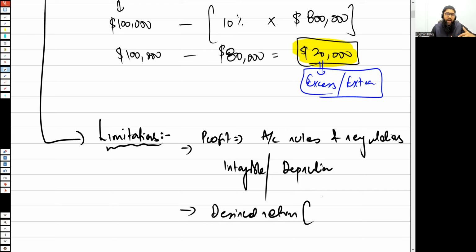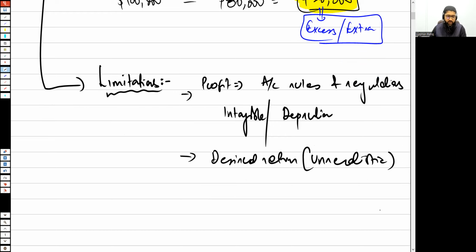Why not? Because the providers of finance may actually be asking for an 8% or 9% return. My WACC is 9%, but as an investor I want a 20% return from my division. That's an unreasonable return. So the desired return could be unrealistic.